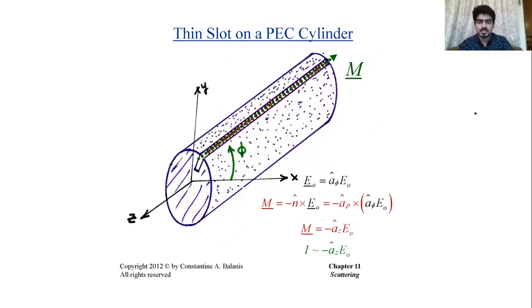You can have this kind of slot in the z direction along the length of your cylinder, and in that slot you have electrical fields which are radiating, and you want to find what would be the radiation pattern of this kind of antenna, where you have a waveguide and you have created a slot, and you want to use that as an antenna radiating element.